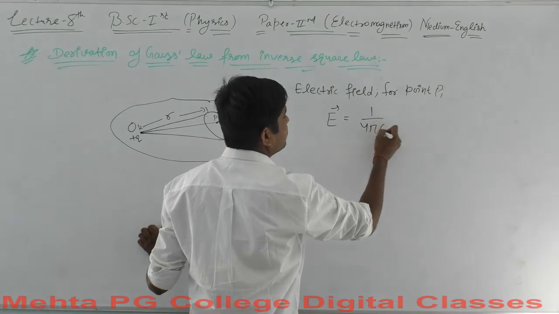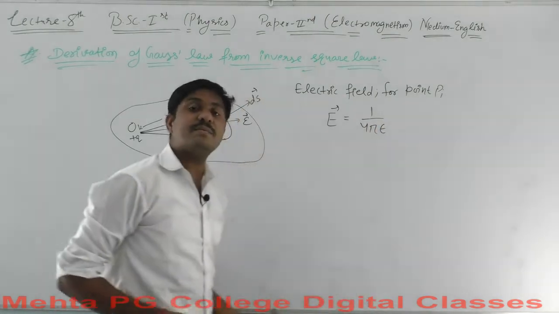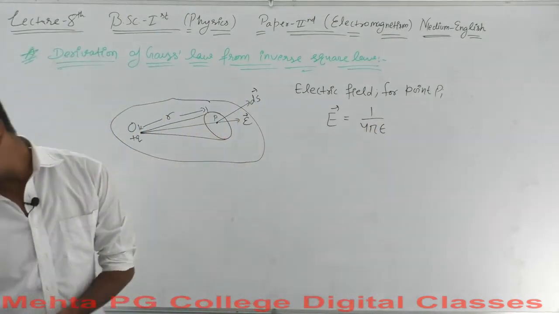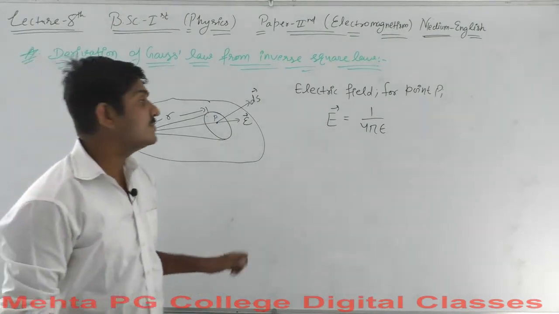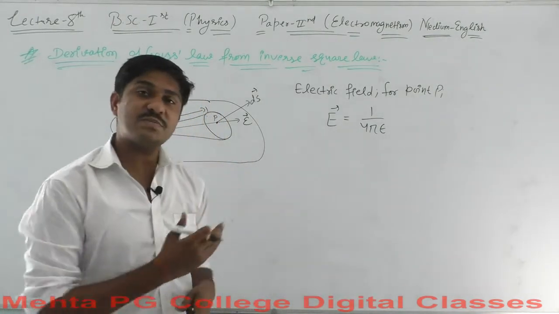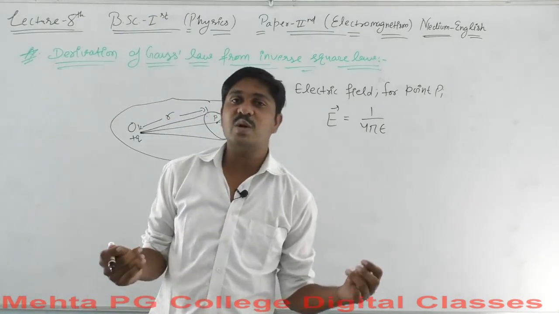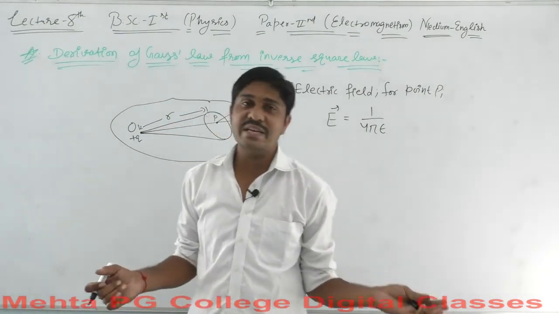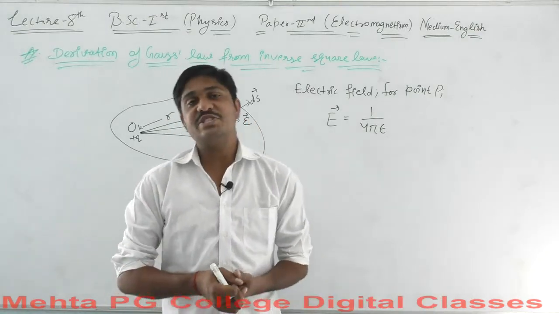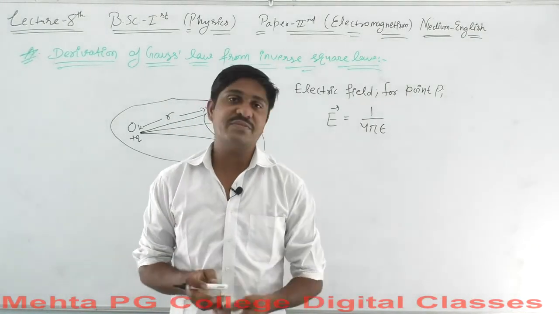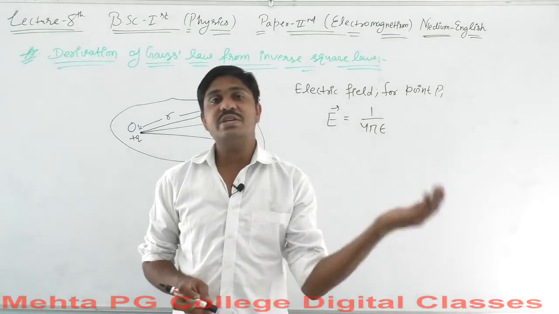1/4 pi epsilon for a medium, and epsilon naught for vacuum. We need epsilon over here because the surface must have a medium. The surface should not be considered in vacuum because then it would have no meaning, and the flux will change only when there is a medium. If there is no medium, the flux certainly does not change.